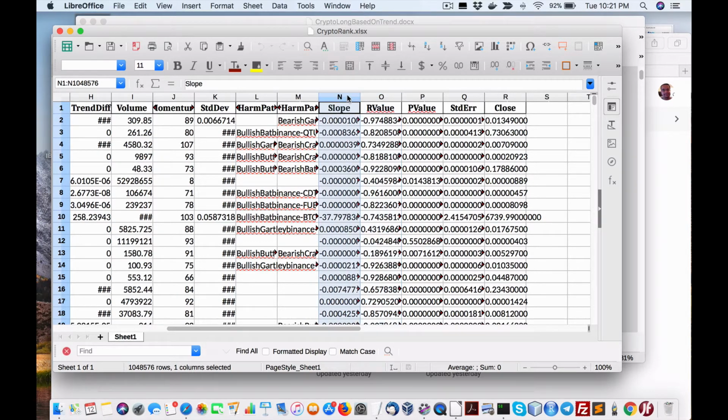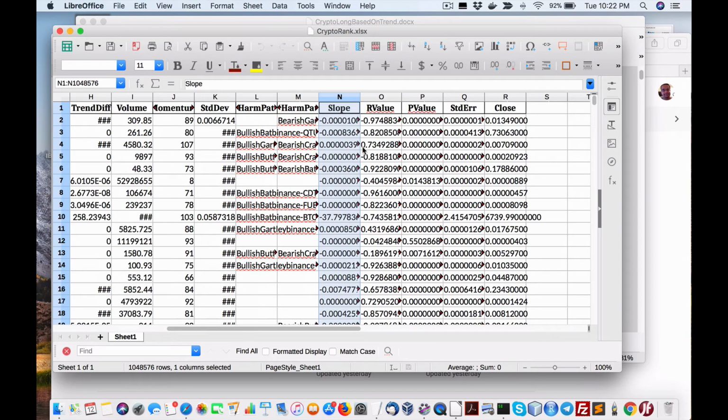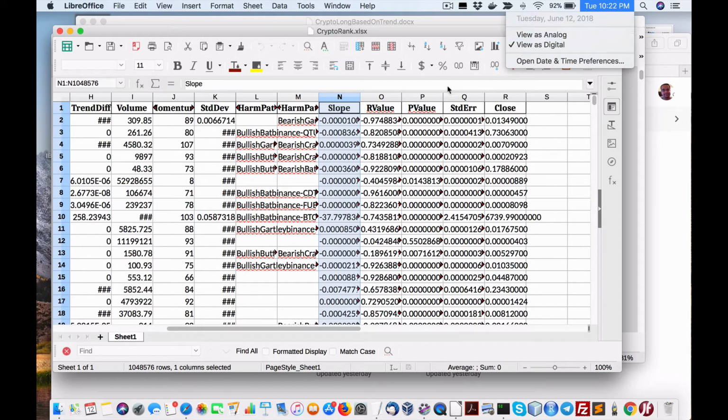And I've stripped the chart down to only the last 200 days of trading on all the cryptocurrencies, from about 1,000 days. That's roughly just over 6 months, since the beginning of the year, because it's June 12th.